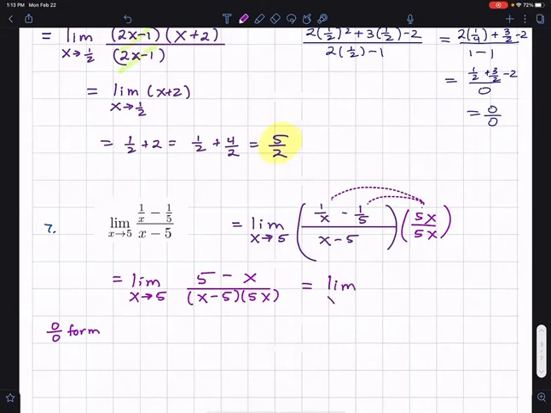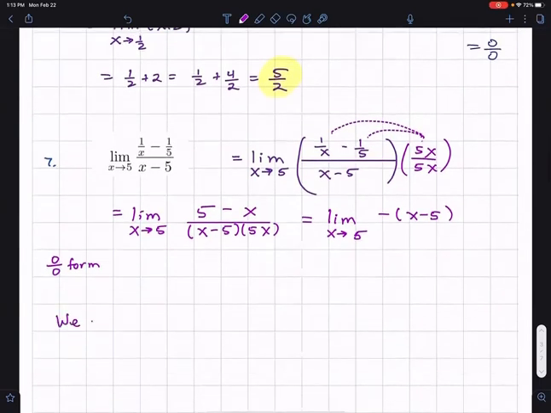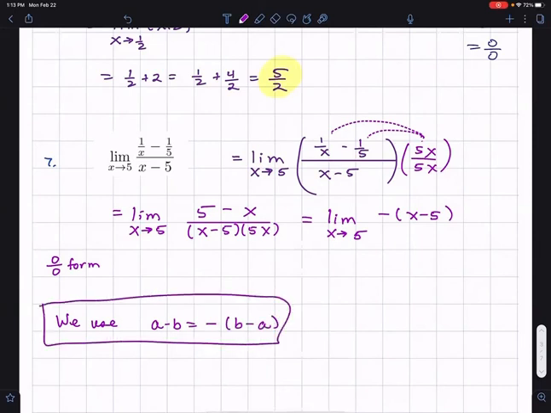To get this numerator to be x minus 5, from 5 minus x I can factor out -1. So we use a minus b is equal to the opposite, negative parentheses b minus a. That's what I'm using there.